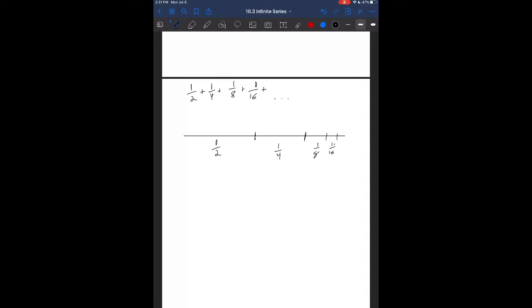So the idea behind this, and it's just a way to think about infinity and how our ideas of infinity might not always be right, is how can you ever possibly reach the end, right? We have to take this infinite number of steps. We have to get halfway, and then we have to get halfway of halfway, and so on and so forth.